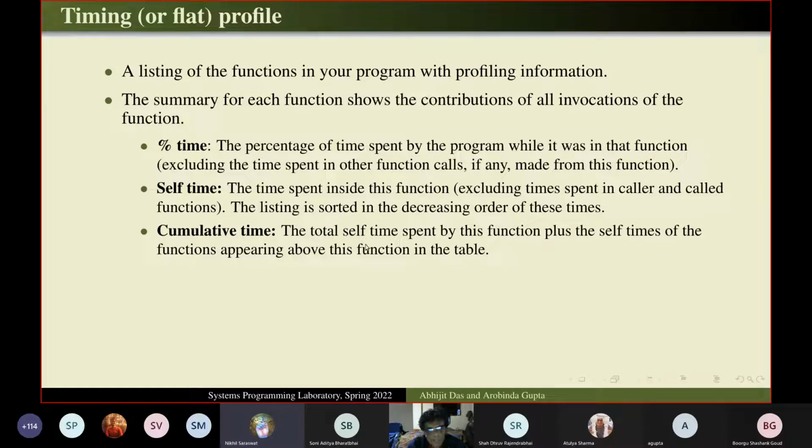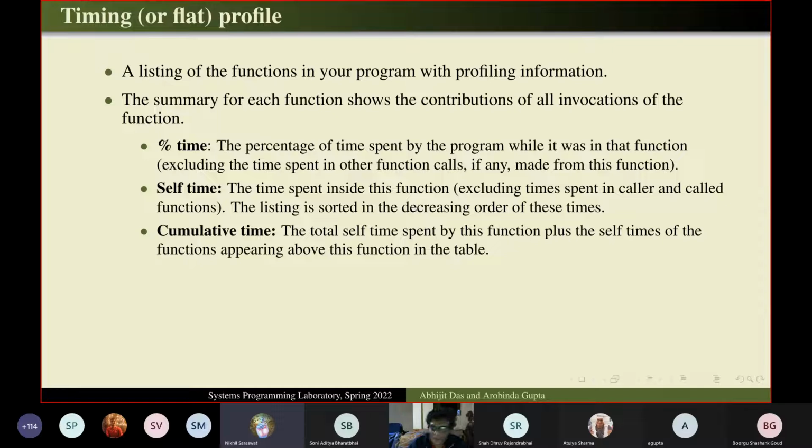So there is nothing to do with calling, caller, and all that kind of stuff. But the table has something. If you are at row n, talking about the nth function, then this cumulative time is the self time of function 1 plus self time of function 2 plus self time of function 3, and so on, up to self time of function n.